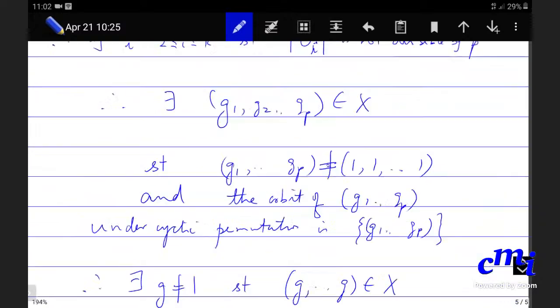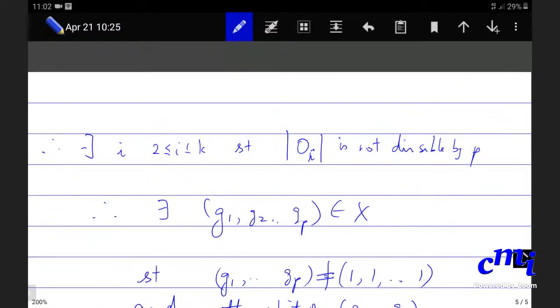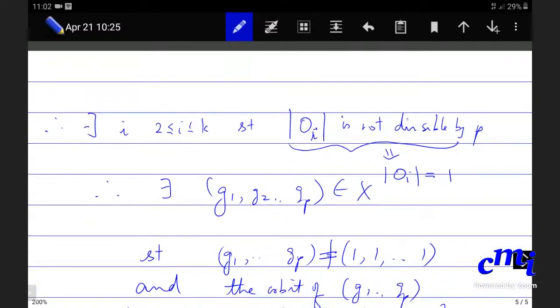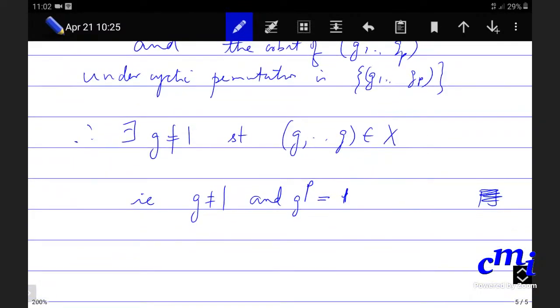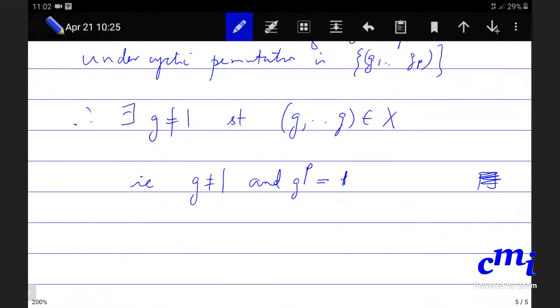So just to add here, this implies that the orbit is a singleton. Because there are only two options, 1 or p, and if it's not divisible by p, it must be 1. So this is an application of things about group actions that we have discussed so far: the orbit stabilizer lemma and the fact that orbits form a partition.